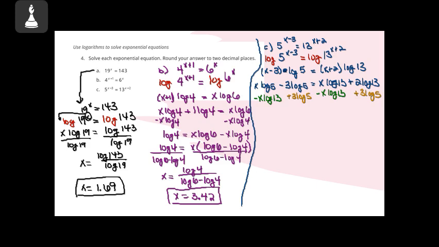All right, on this left-hand side, I can take out this x. So log 5 minus log 13. And the right-hand side, I can leave as is. So that to get x by itself, I can divide by this log 5 minus log 13.